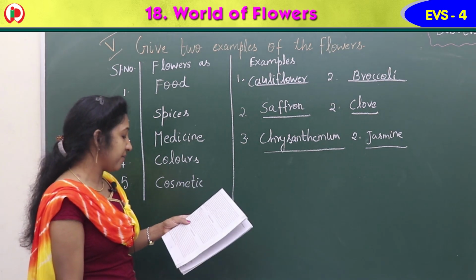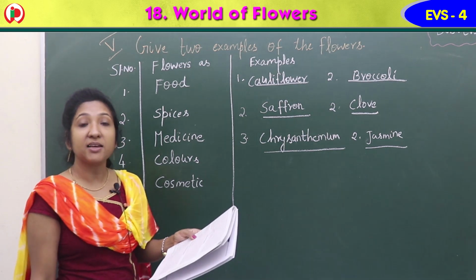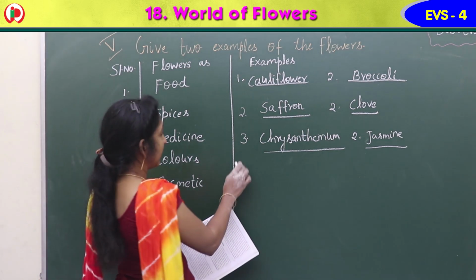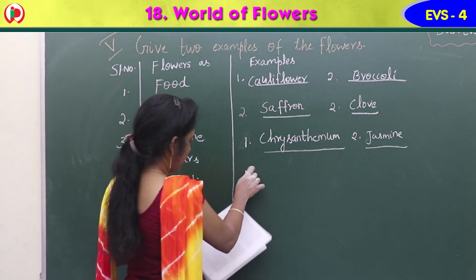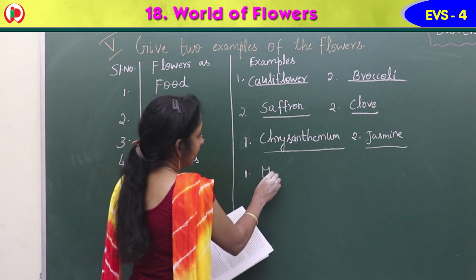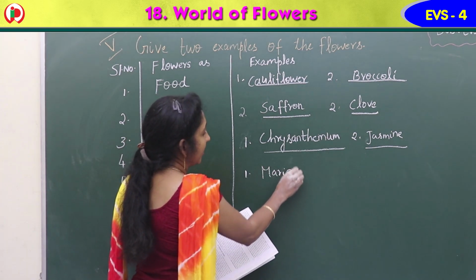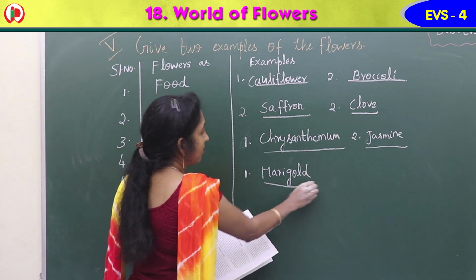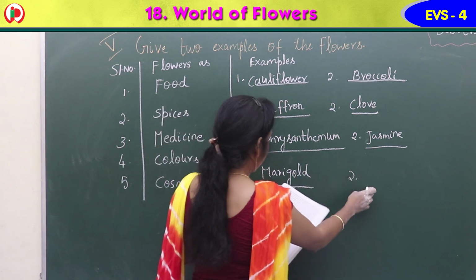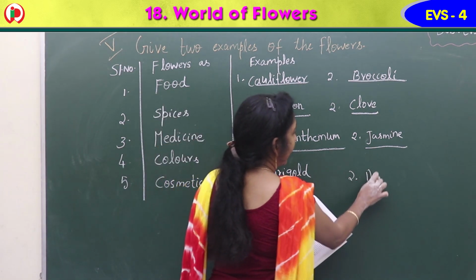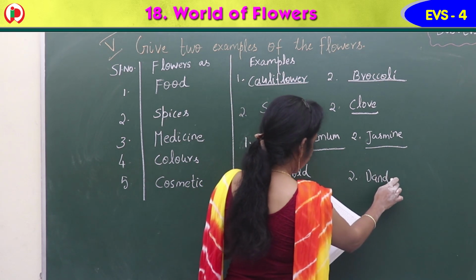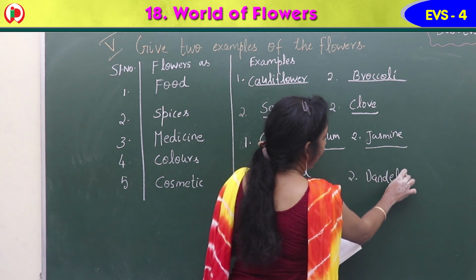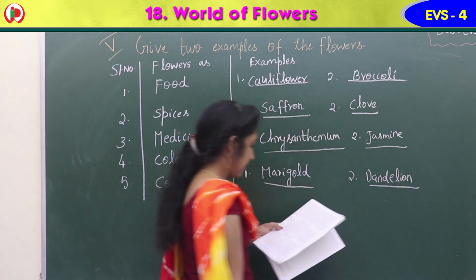Now colors. For flowers as colors, we can write the name of marigold, M-A-R-I-G-O-L-D, marigold. And second one we can write dandelion, D-A-N-D-E-L-I-O-N, dandelion.